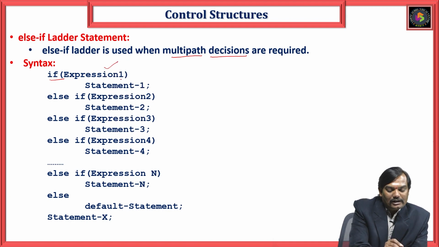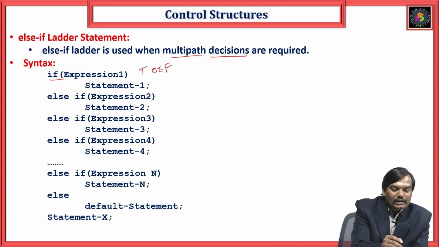Based on the evaluation of this expression, whether it is true or false, the program control will be transferred into the block of if, or it may be transferred to another part of the program. If expression 1 is evaluated to true, the control is transferred into the if block and the first statement is executed.